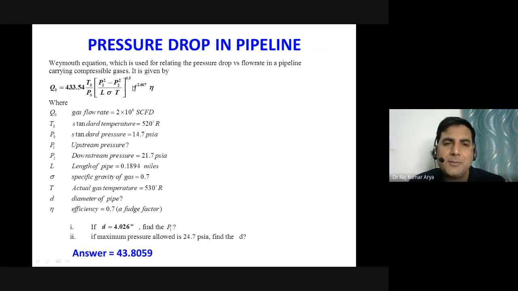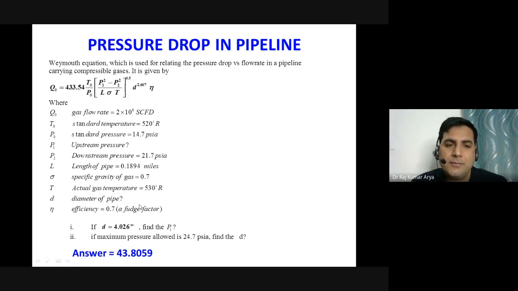Another equation, just to calculate pressure drop in a pipeline. This is the Weymouth equation given for pressure drop in compressible gases. The flow rate is given in standard cubic feet per day, temperature is given and pressure, all variables are given to you.